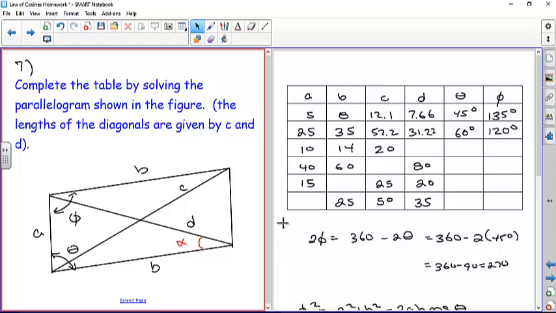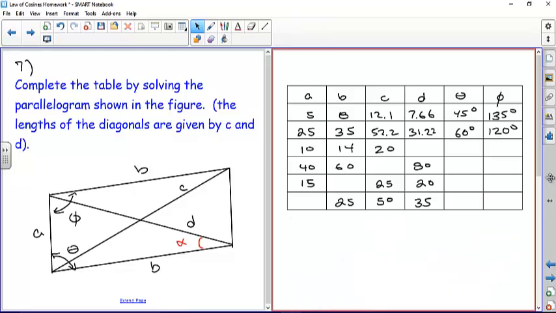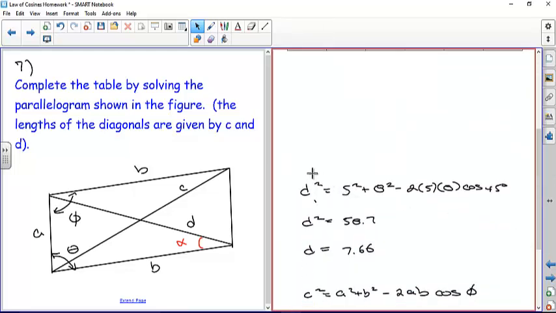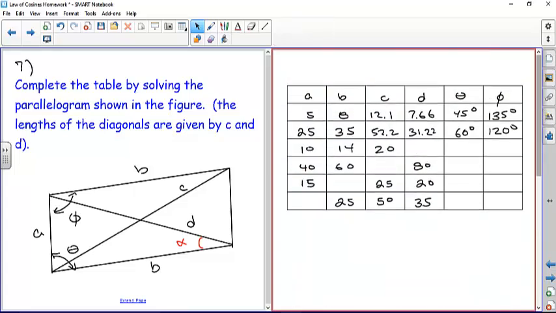So what I'm going to do is erase some of this stuff here so I can have some room to do the calculation. Okay, so here we go. What I said first was we're going to find phi.